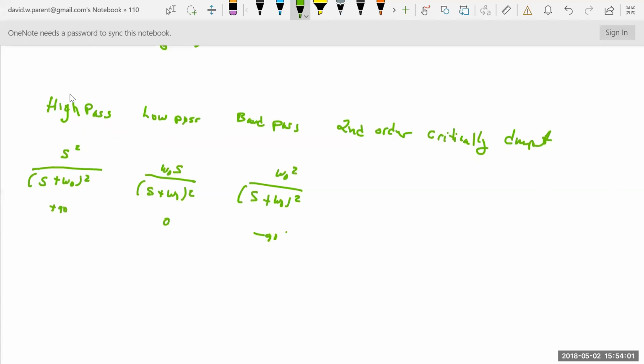And here it was going to be at the minus 90. All right, that's where you extract it.